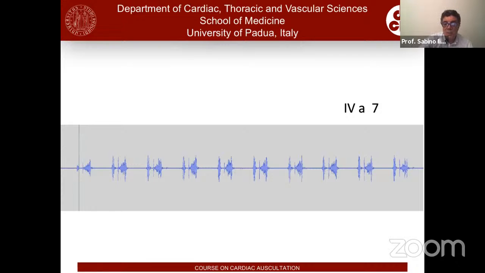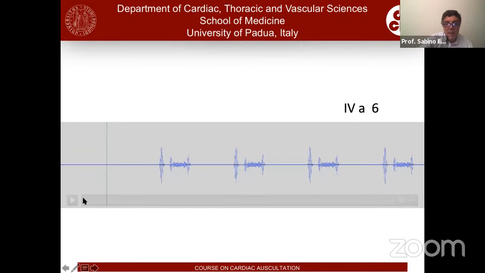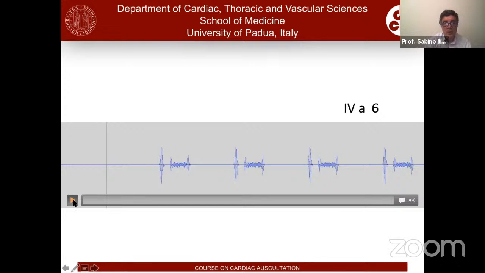So let's return to the first one, the one that I showed before. Here it is. So listen and pay attention to the fact that it is constant. You can see and appreciate it by auscultation.